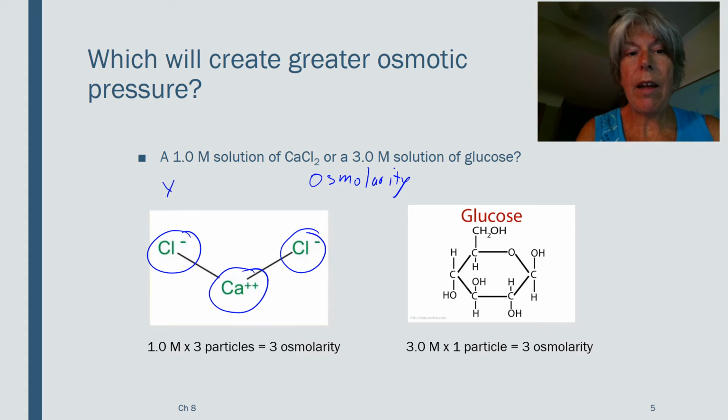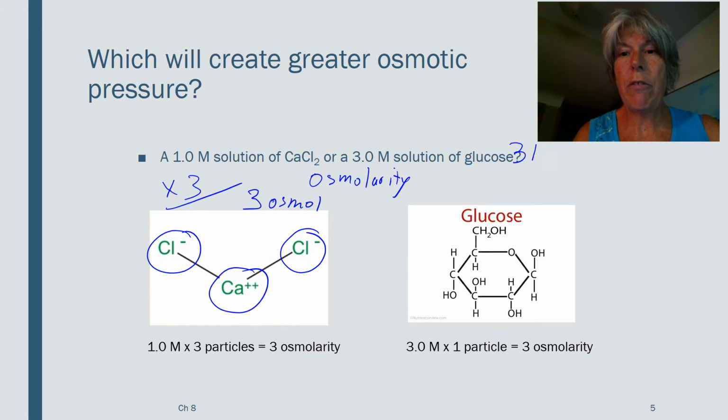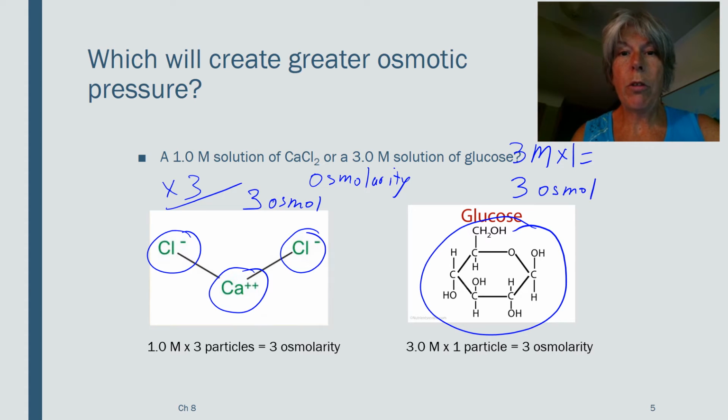So that gives us an osmolarity of 3. If we have a 3 molar solution of glucose, it dissolves as 1 entire molecule. So that gives us an osmolarity of also 3. So which will create the greatest osmotic pressure? Neither one. They're equal.